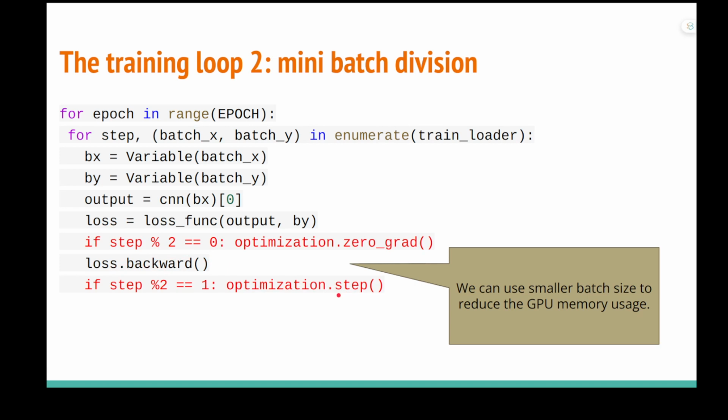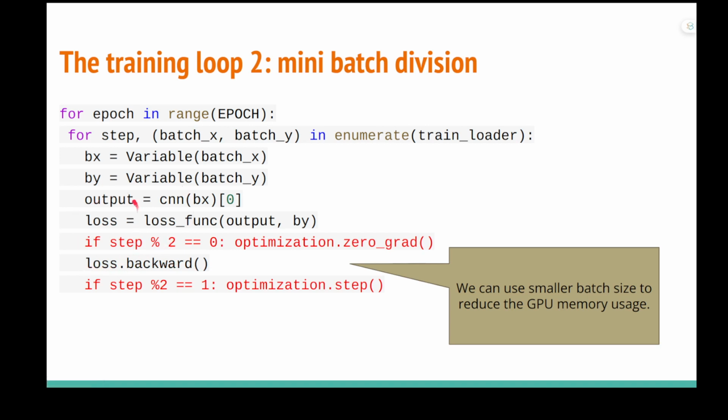In the first mini batch of the data, we clear the gradient, and then we call the loss function to accumulate the gradients for this batch of data.